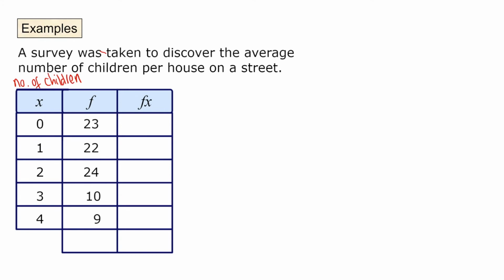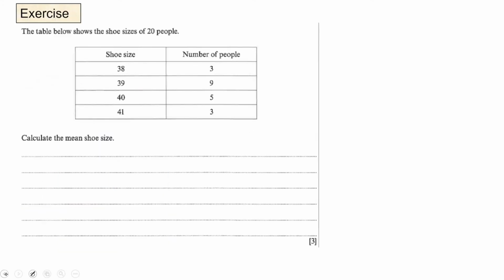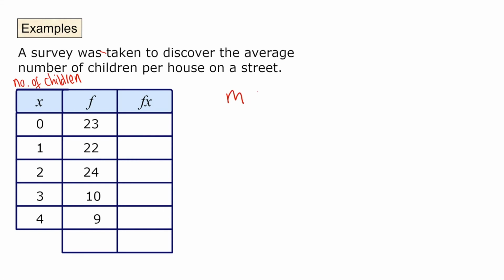Okay, so what we would then do to find the mean. So the mean is going to be the total of the frequency multiplied by that number divided by the total frequency.